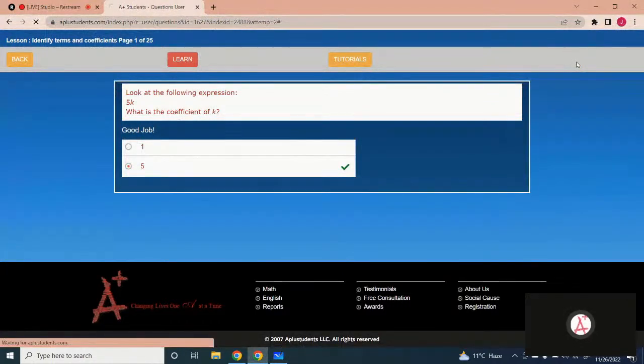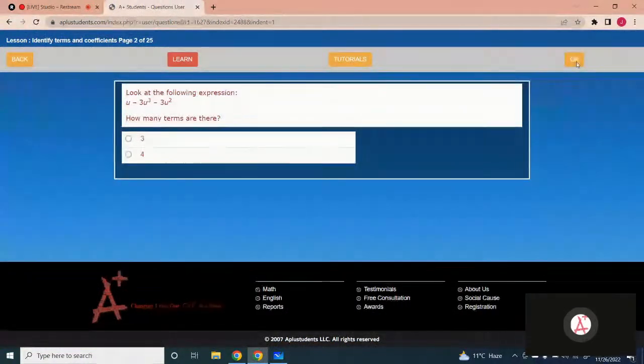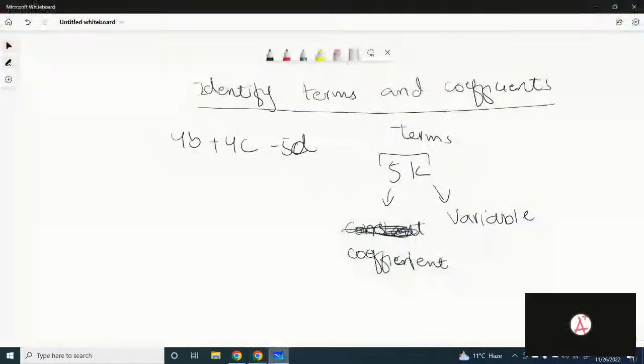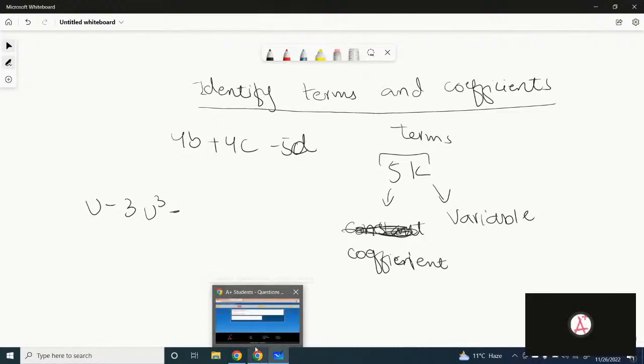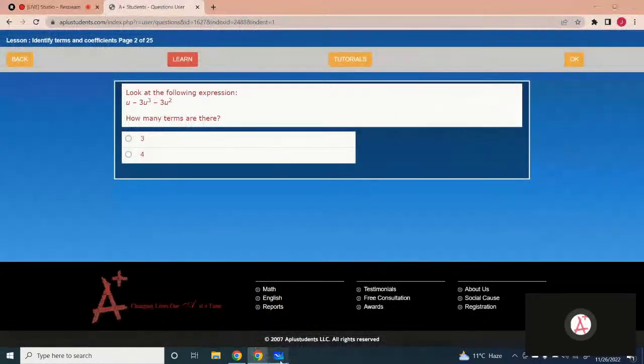Okay, the next one: look at the expression. How many terms are there? You have u, minus 3u cube, and minus 3u square. Got it?